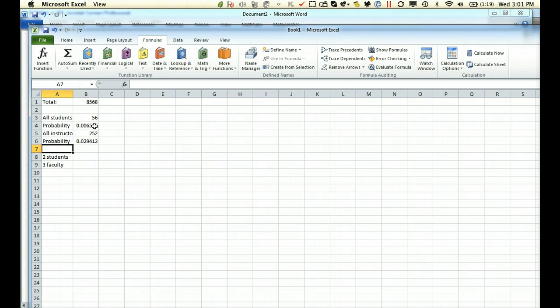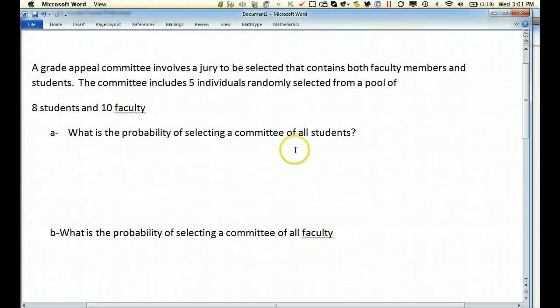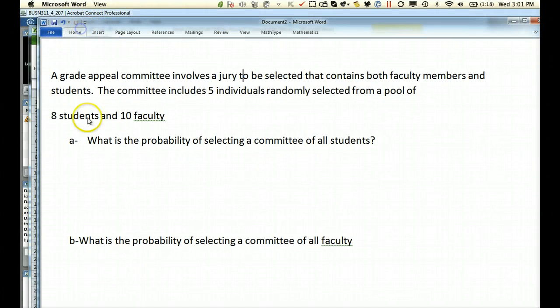Now all I have to do is write these over on my Word document. Now I know I told you you might want to show some work if you want. So you might want to write something like 56 divided by, what was it?